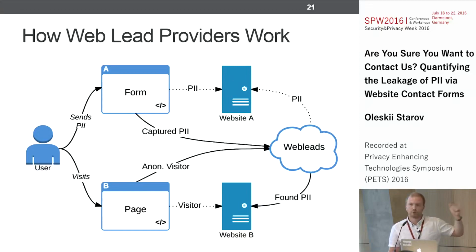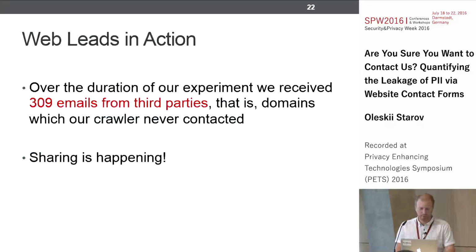This web-lead provider also generates some tracking identifier, whether with cookies or with fingerprinting, to track this user. Then when the user visits website B, for the first time, never submitting any PII to this website, website B actually gets the PII captured earlier by this web-lead provider. So basically website B really de-anonymizes the user and now can launch some targeted emails.